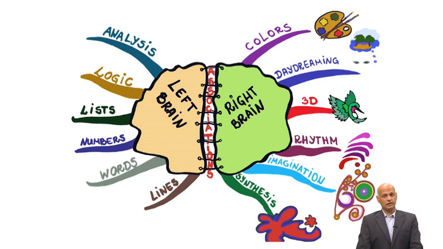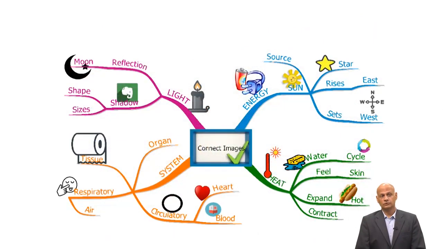If it was only left, it was only words, it would become a poem. And we don't remember poems as easily as a song. Because the moment we introduce any attribute from the right, and combine it with any attribute from the left, your brain works better. So you remember this image?